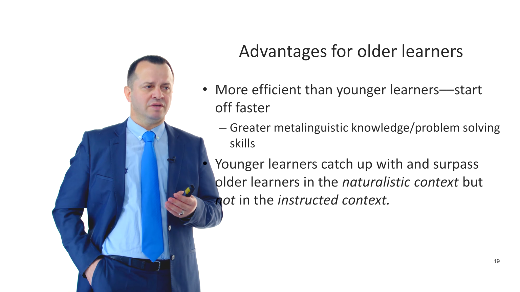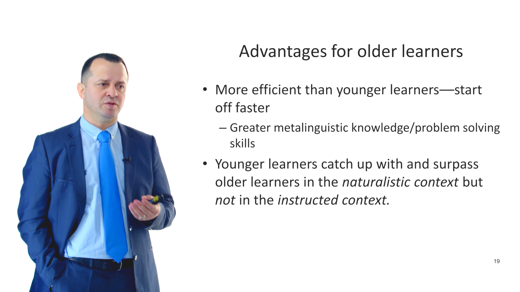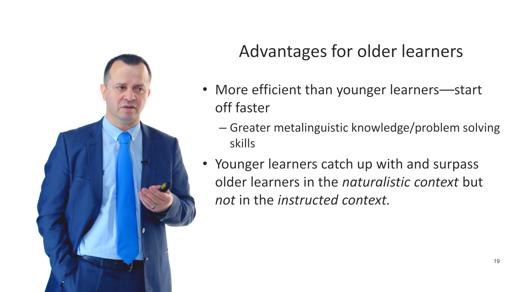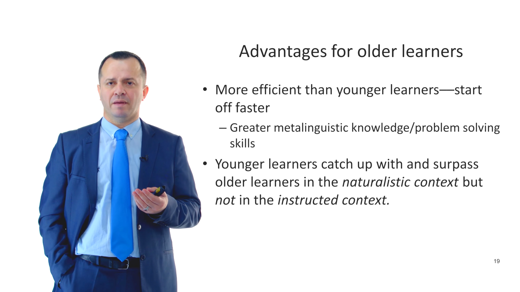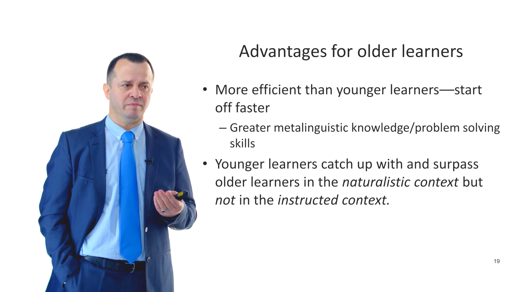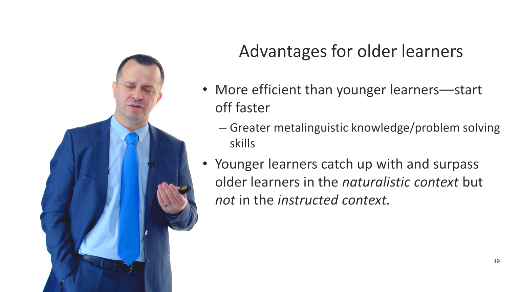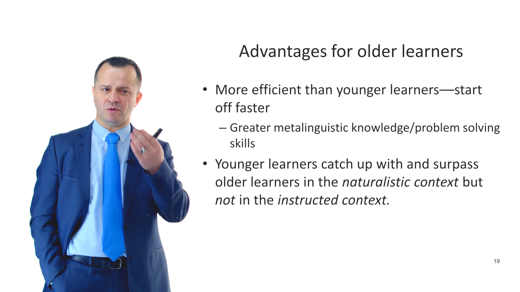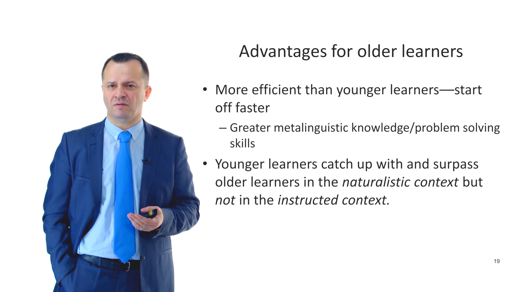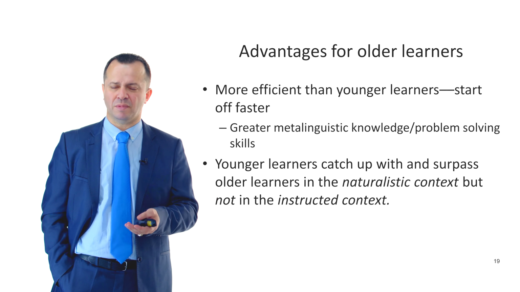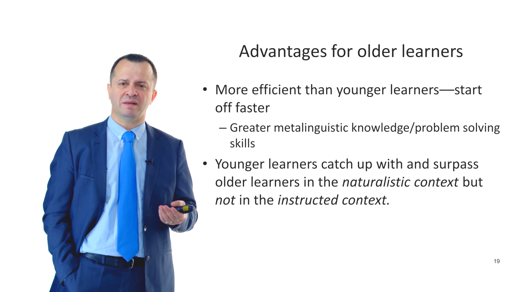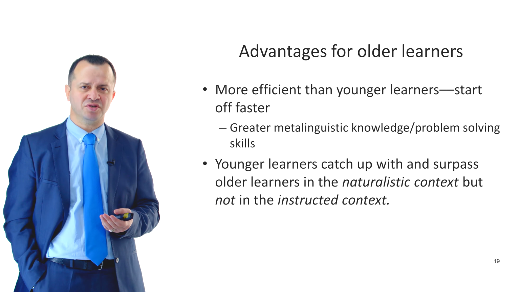Young learners catch up with and surpass older learners in the naturalistic context, but not in the instructed context. Naturalistic means when young learners are completely exposed to a foreign language, so they can watch YouTube platforms, they can watch English movies, frequently they can spend their time next to the television.